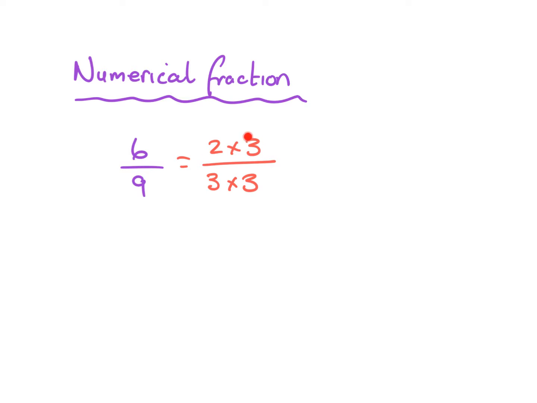So in effect, we've broken these numbers down into their factors. From this we can identify that the 3's are common to both and can therefore be cancelled. So when we simplify, we end up with 2 over 3 as a simplification of this fraction.